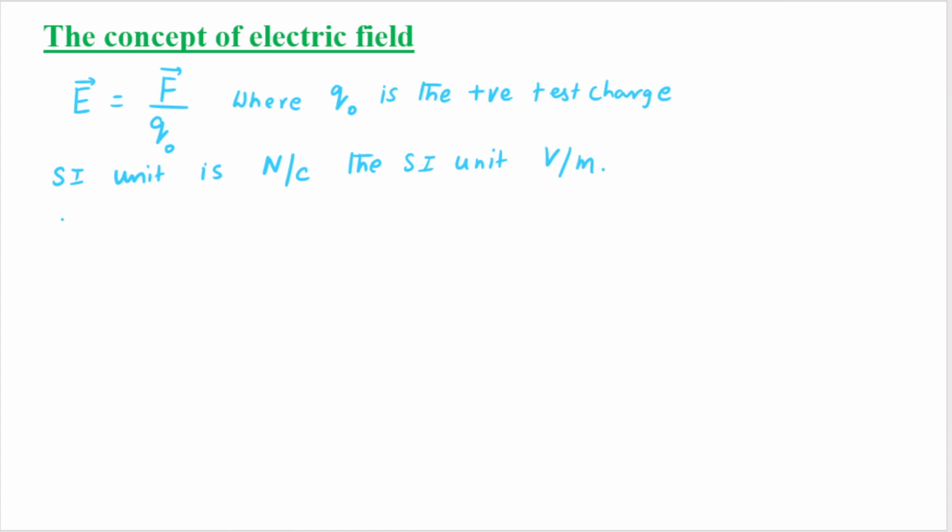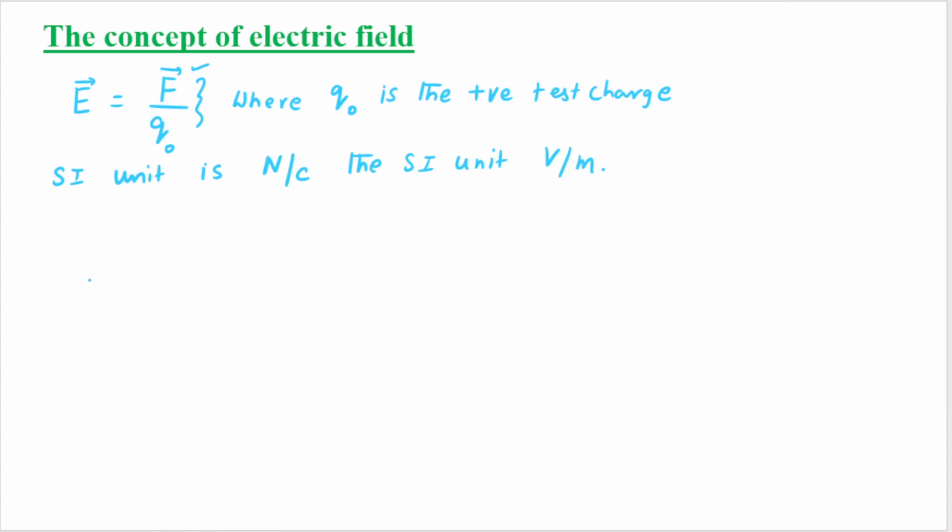Electric field is a vector quantity, as can be seen from this definition. Since force is a vector and the test charge is a scalar, the direction of the electric field is the same as the direction of the electric force.